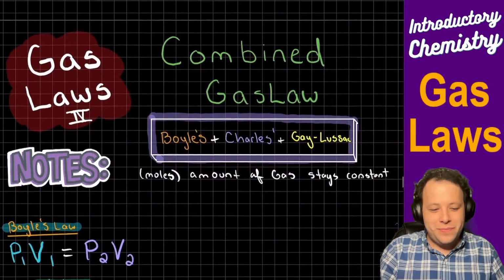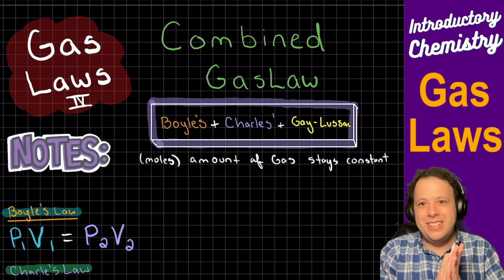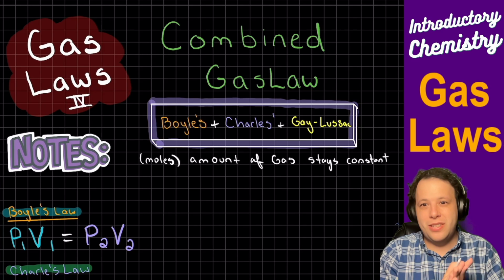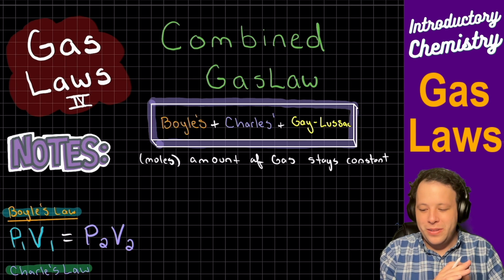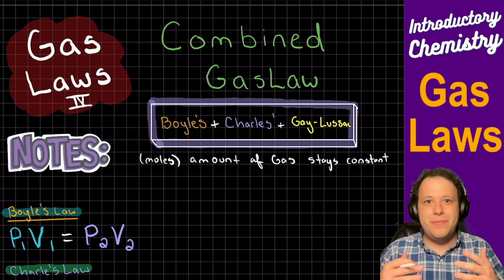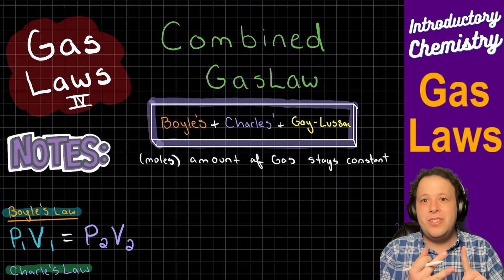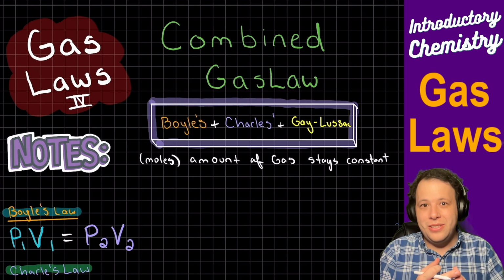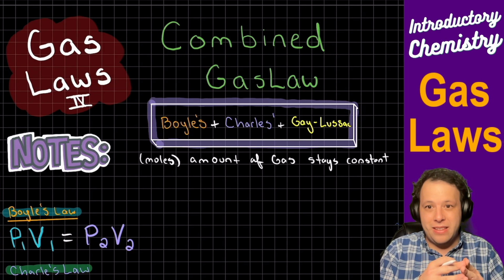The next law is the combined gas law. The combined gas law takes the previous 3 and puts them all together. So what exactly does that refer to? It takes Boyle's Law, Charles' Law, and Gay-Lussac's Law and puts them all together.